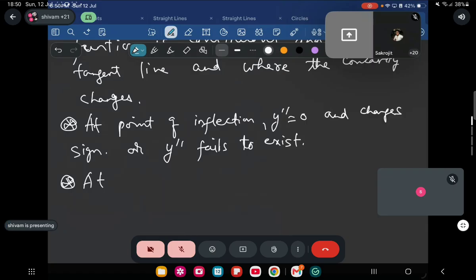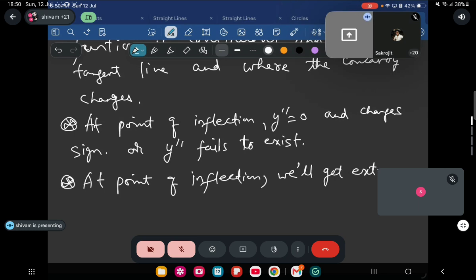Okay, next. At a point of inflection we'll get extrema of f dash x.